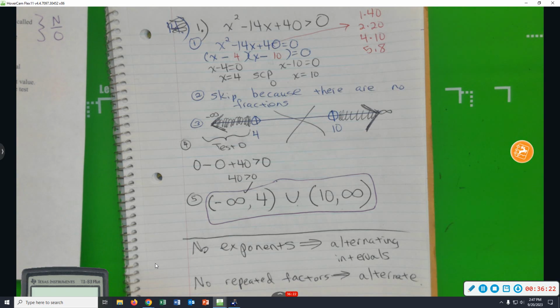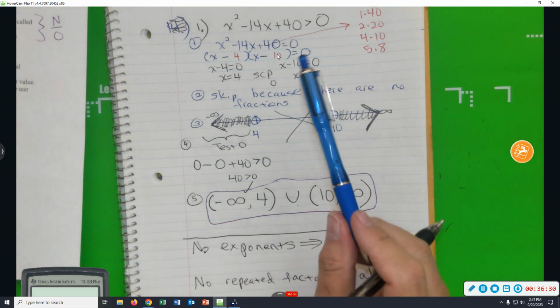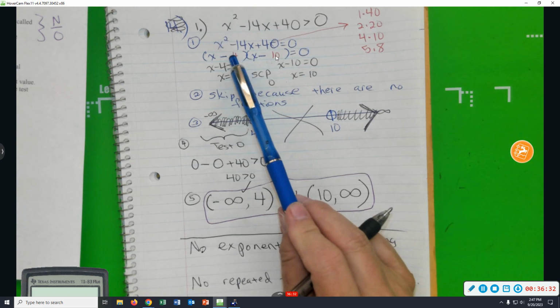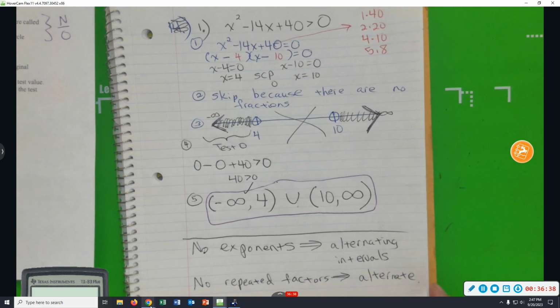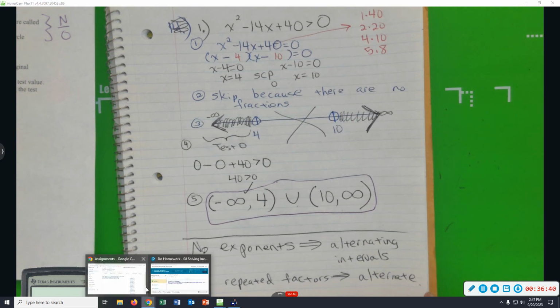So the only time you would really need to test every interval is if you're factoring something and you're getting the exact same thing in both sets of parentheses. I'll make up one of those. If we don't run into one in the homework, I'll make up one before the end of class.